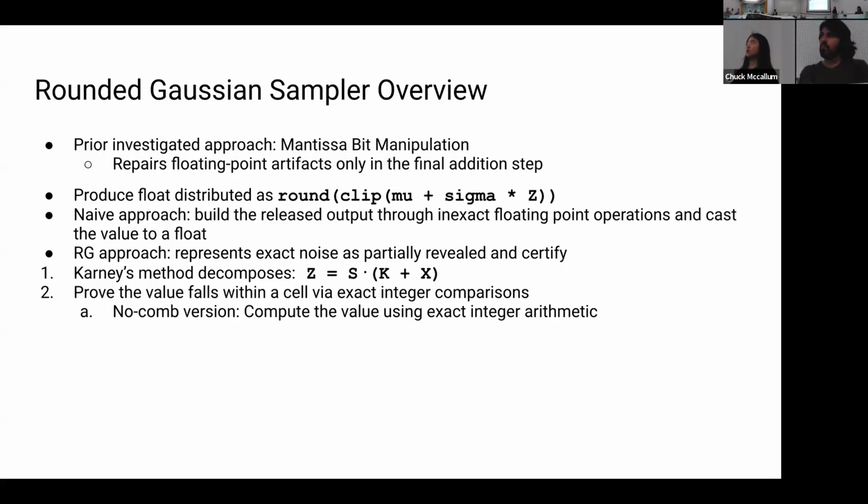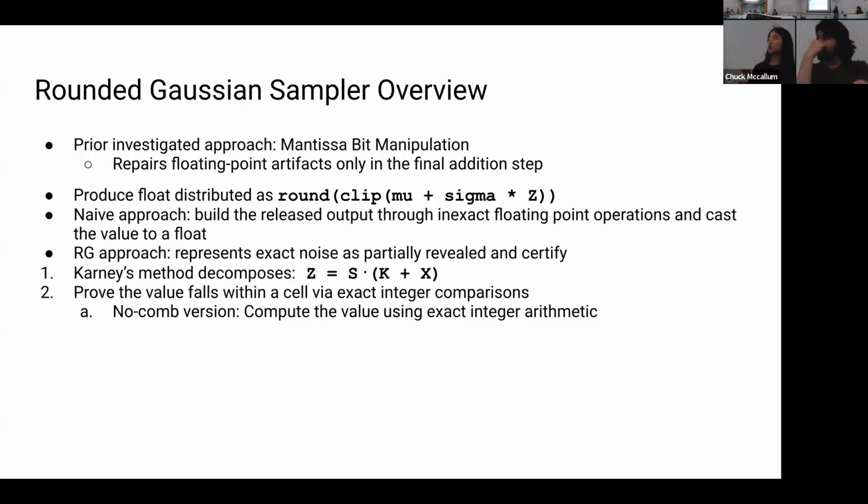The rounded Gaussian sampler approach that Mike has is a way to represent that exact noise as partially revealed, so not revealing all of the precision of the bits, and then certifying that it fits within a float cell.